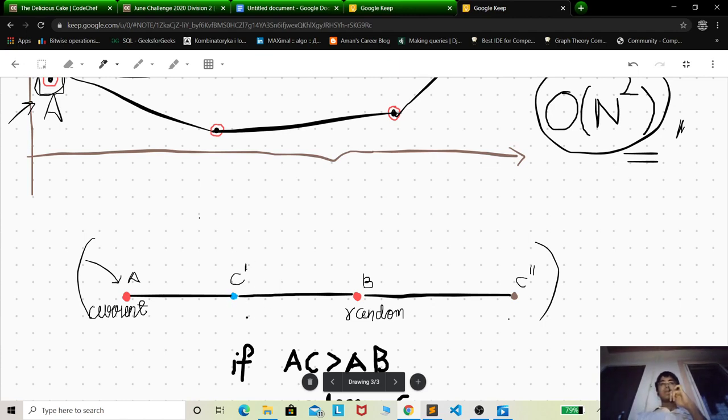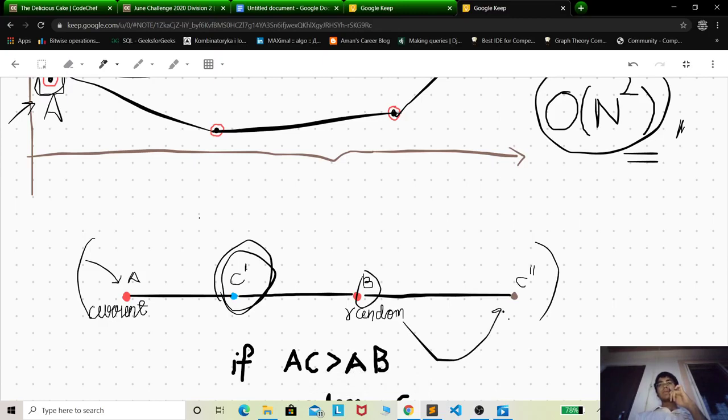So we only keep the end points and discard all the inner points. In this case, if AC is less than AB, we discard point C. If AC is greater than AB, we discard point B and assign random to point C.